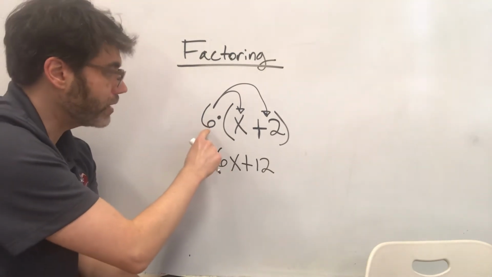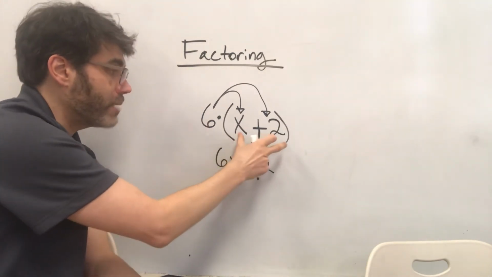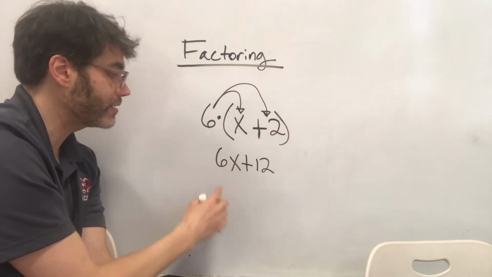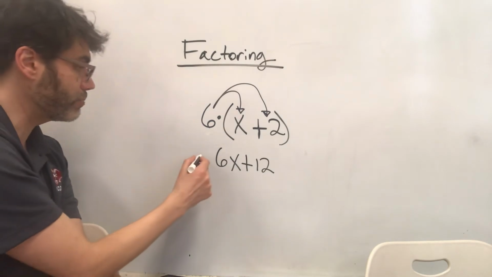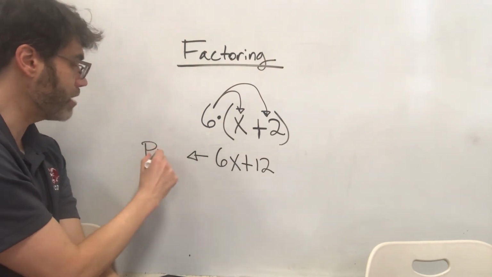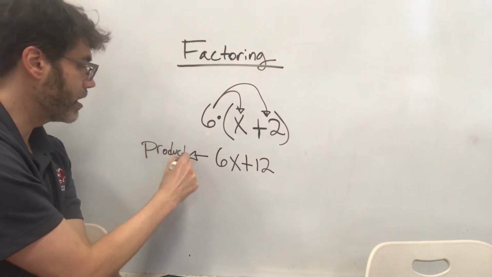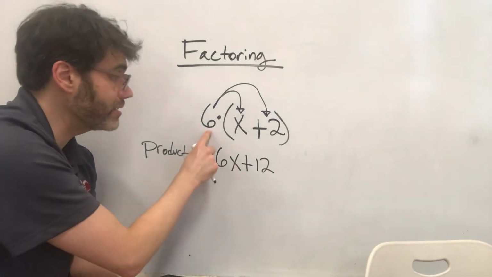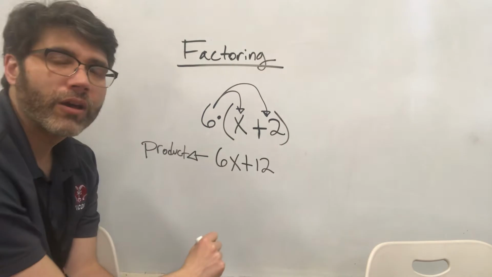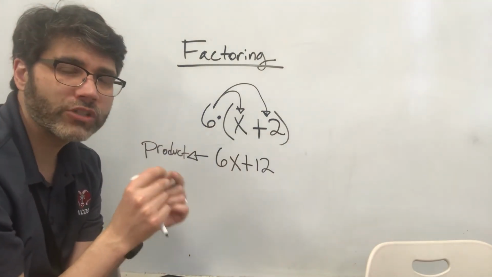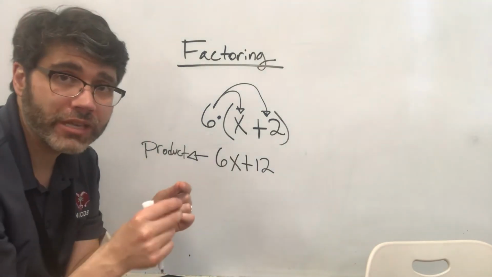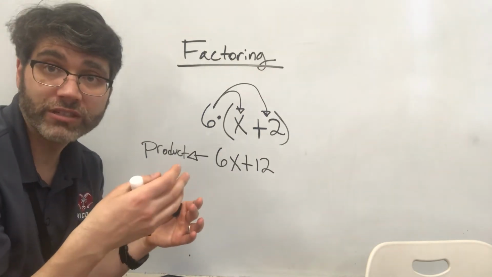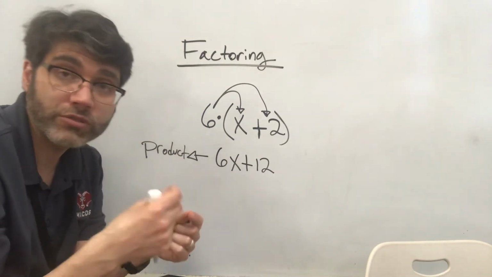We multiplied 6 times this package x plus 2, okay? And we got the product, this is the product. We got the product of 6x plus 12 by multiplying this times this. What are things called when you multiply this times this? We call them factors, okay? Just like the factors of 6 are 2 times 3.